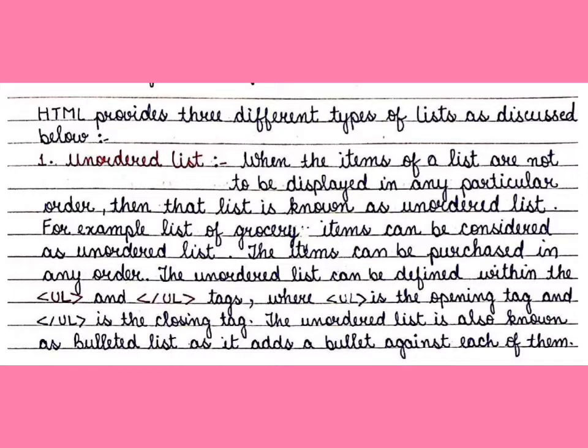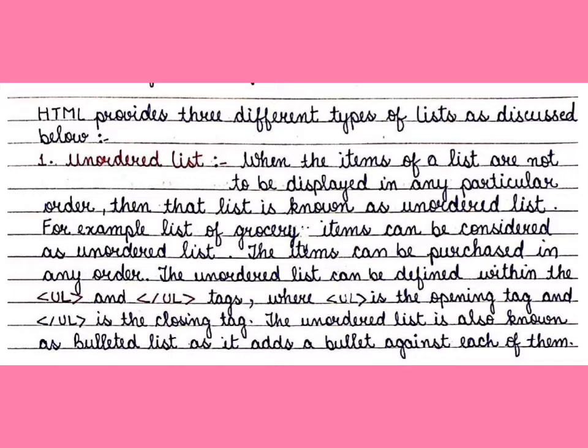For example, list of grocery items can be considered as unordered list. The items can be purchased in any order.